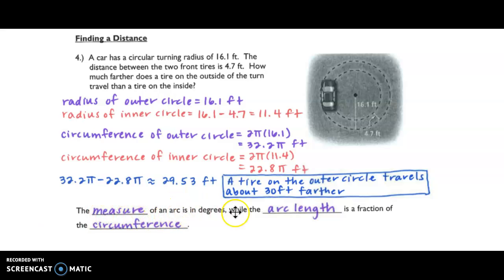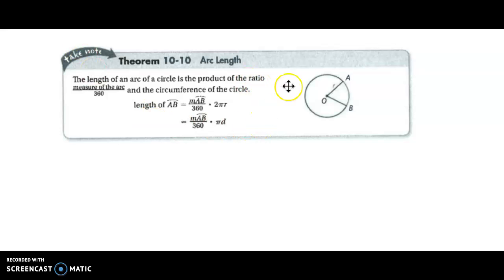It says here the measure of an arc is in degrees, while arc length is a fraction of the circumference. An arc also has degrees, but it also has length, meaning like in inches or feet or centimeters. It's part of the circumference. And the arc length formula, I believe, will be given to you later on as well.